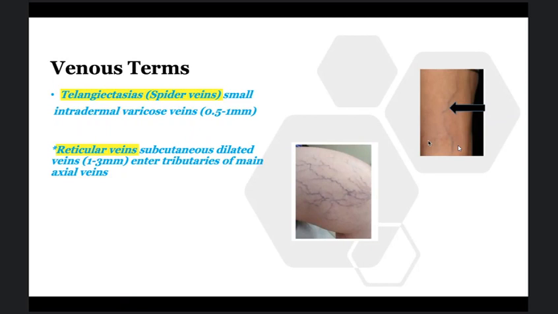You may notice in the photos, they are even different in color. Telangiectasia are mainly yellow or purple. Reticular veins are mainly green in color. Now, of course, we have the true varicose veins. Any vein larger than 4 millimeter in diameter is called a varicose vein.